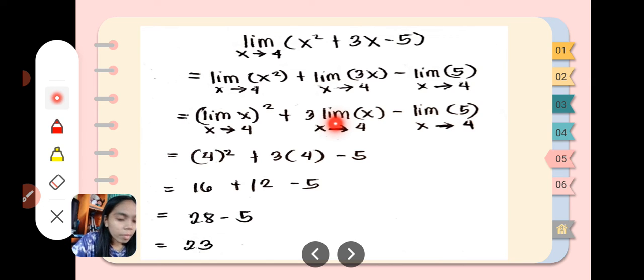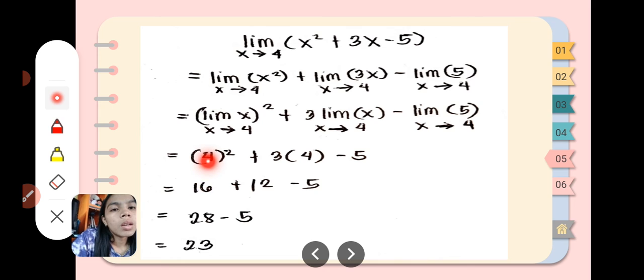For the x squared, we will be using theorem 8, and then for the 5, we will be using theorem 1, the limit of a constant, and we will be substituting the value as x approaches 4.